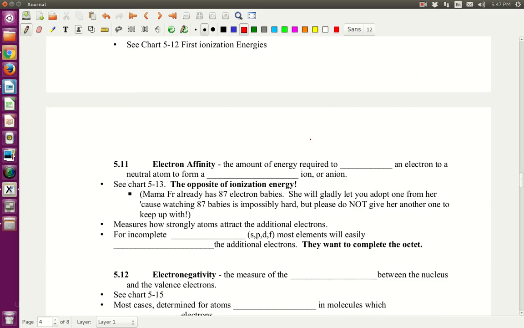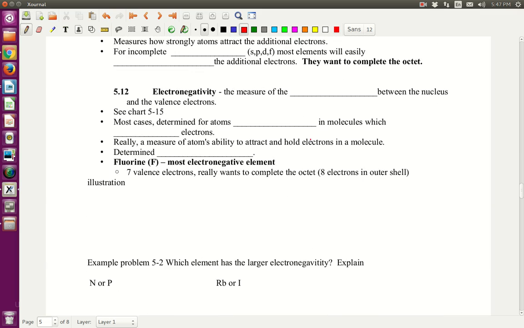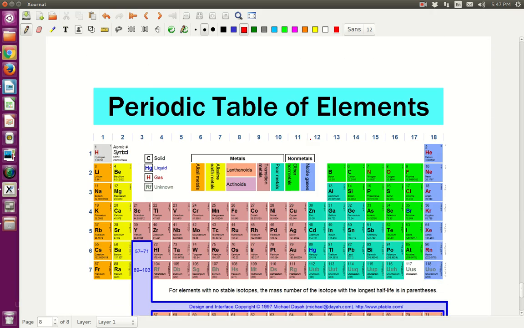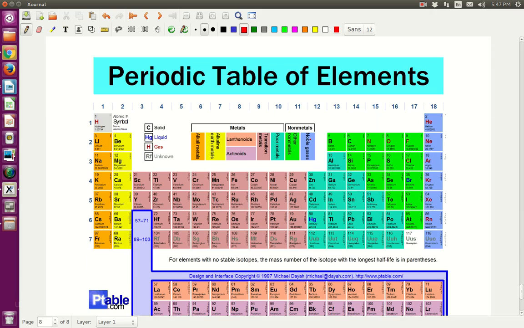So before I go on to electron affinity and electronegativity, I'm scooping down here below the notes to the periodic table. So let's just look at a couple as far as ionization energy goes. So look, here's poor old francium. Francium, atomic number 87. Francium, 7 energy levels. Okay, so imagine that.